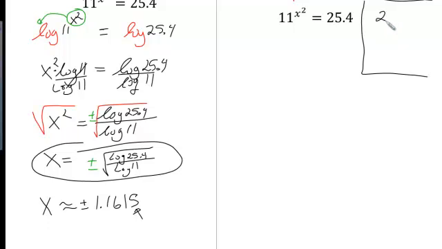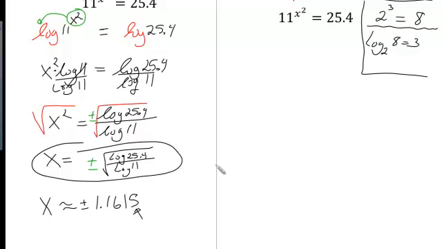Remember back in the beginning of the unit, you'd have like 2 cubed equals 8. And you were taught that you could rewrite this as log base 2 of 8 equals 3. So here we took something that was written in exponential form and rewrote it in its equivalent log form. So since it's base 2, it's log base 2 of 8 equals 3. So we're going to do the same thing over here.